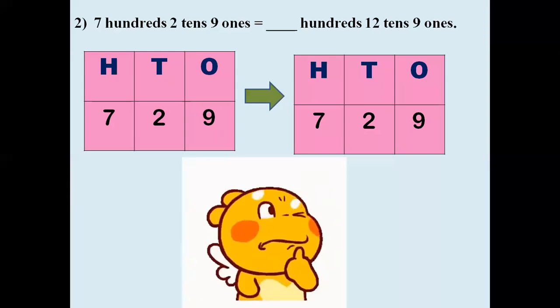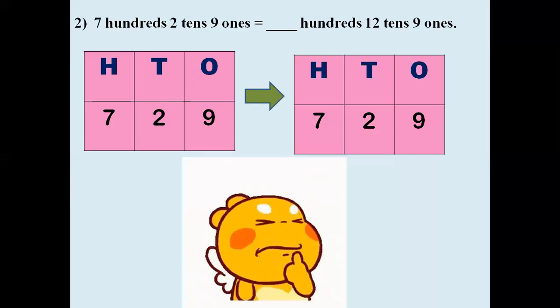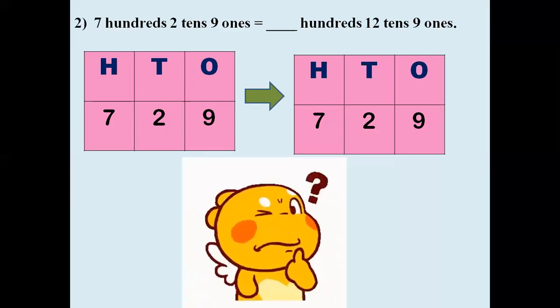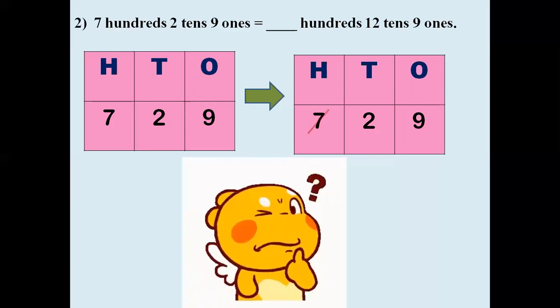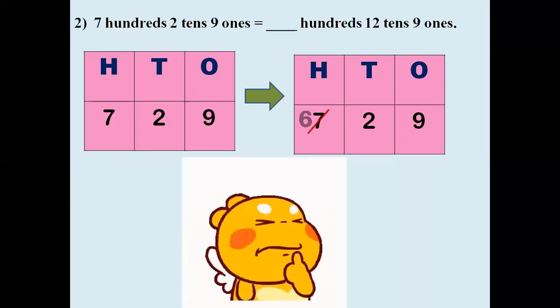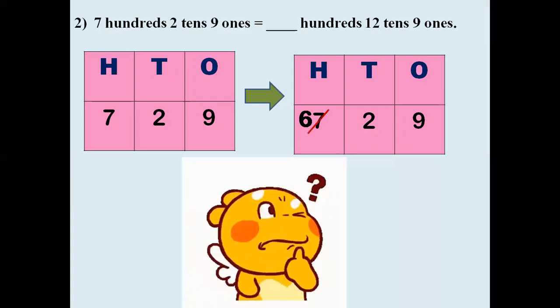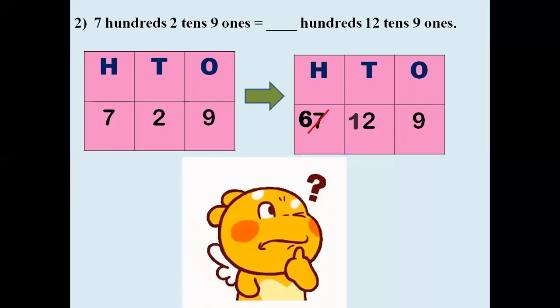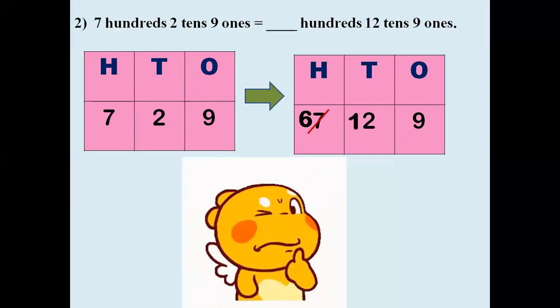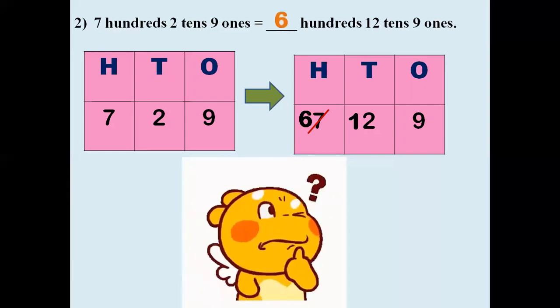How? Any guesses? Yes, because here 7 hundredths becomes 6 hundredths and gives 1 hundredth to 2 tenths. So 2 tenths becomes 12 tenths. So the answer is 6 hundredths, 12 tenths and 9 ones.